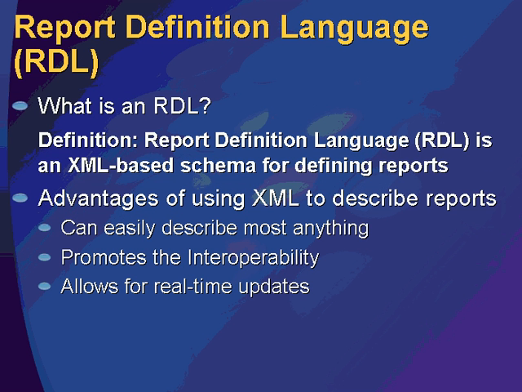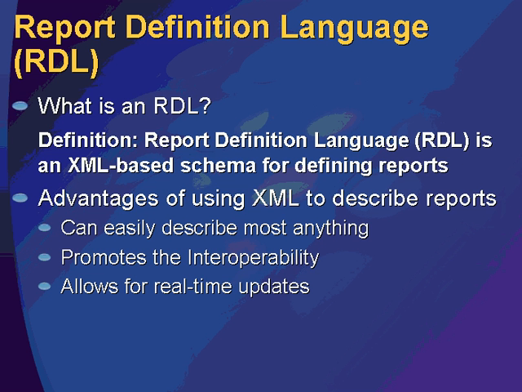And then one of the other major benefits is the Report Definition Language. For those of you that don't know, the Report Definition Language, RDL, is the XML-based schema for defining reports. If you look at an RDL file, which will show up in the designer, we'll look at that in a minute, and we'll actually look at some of the code behind it, it's really just straight XML. So you can easily describe pretty much anything.